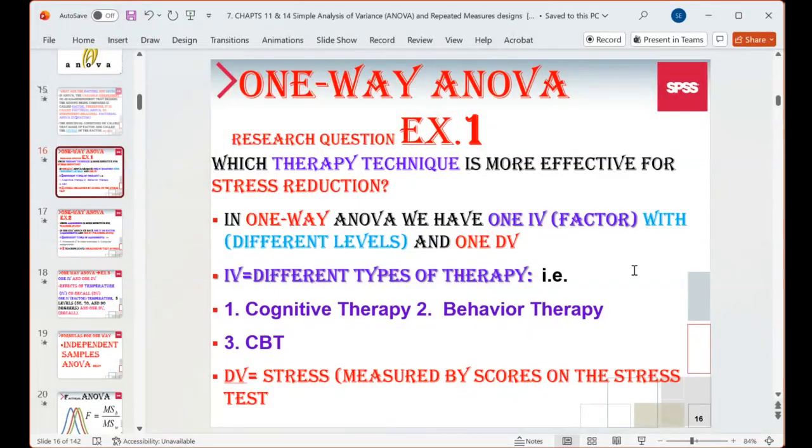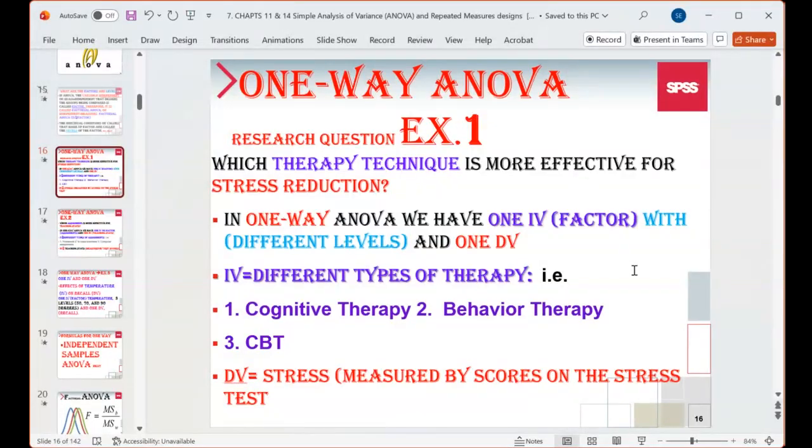Like you wanted to try several. In this case, we have three: cognitive therapy, behavioral therapy, and cognitive behavioral therapy, CBT. You have to have three groups or three treatment. Treatment here is therapy.